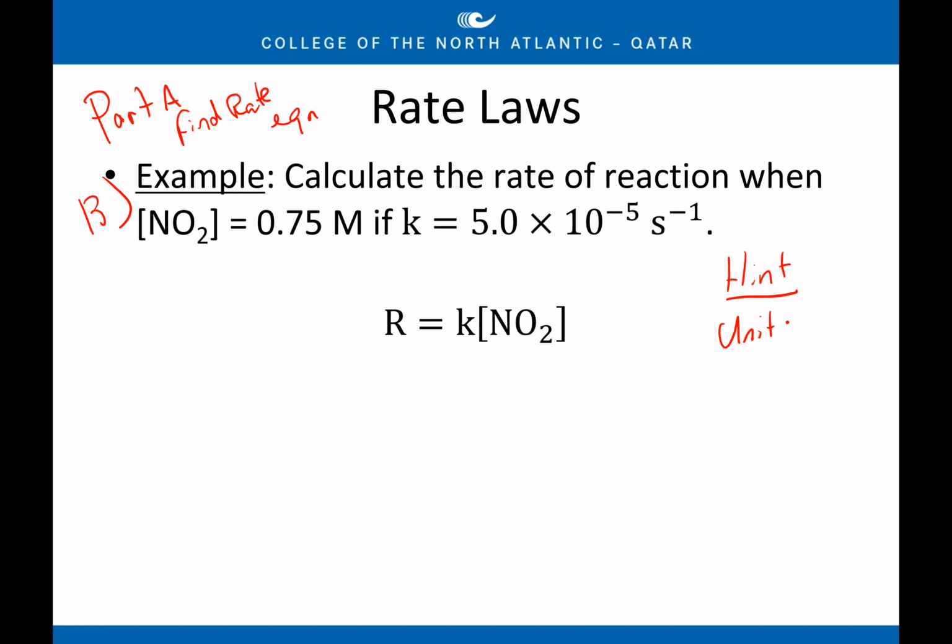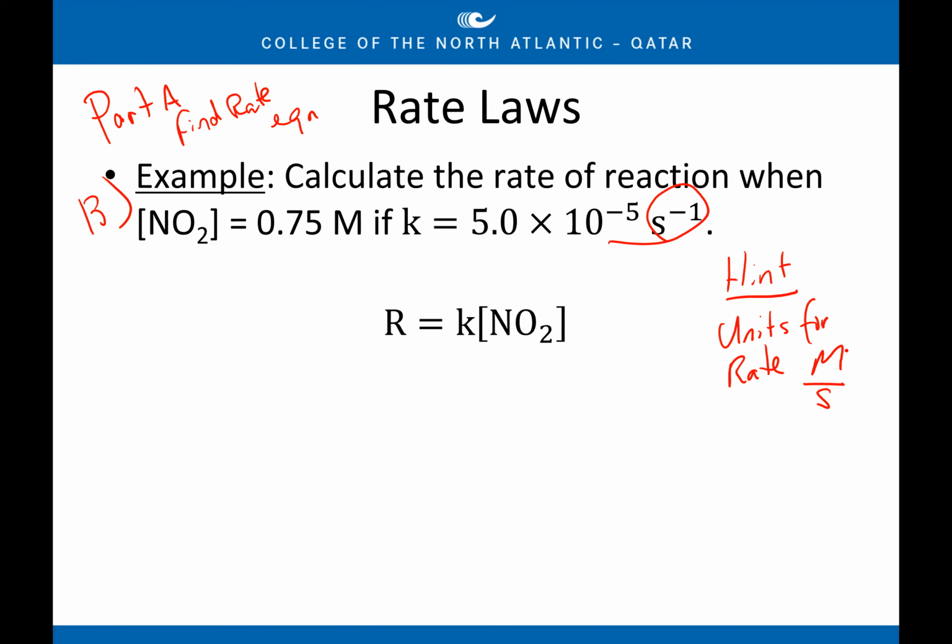The units for rate, and I'm giving you this hint because units can be a nightmare here. So look at these units. The units for rate are always mole per liter per second, okay? It's like kilometers per hour, but for chemistry. So instead of kilometers, it's concentration.